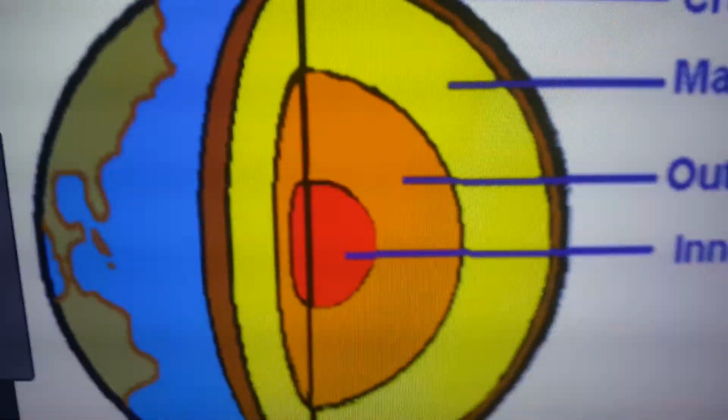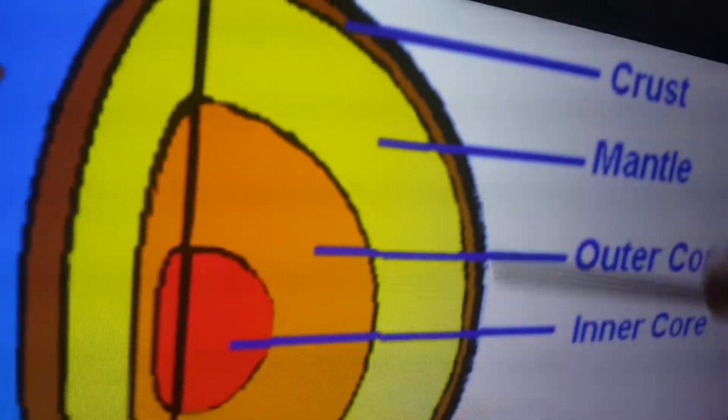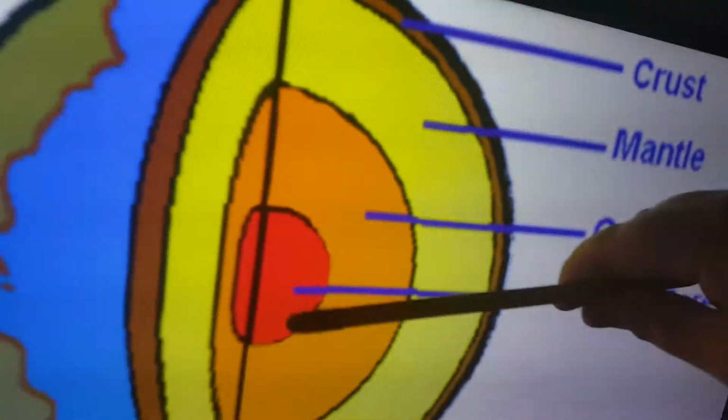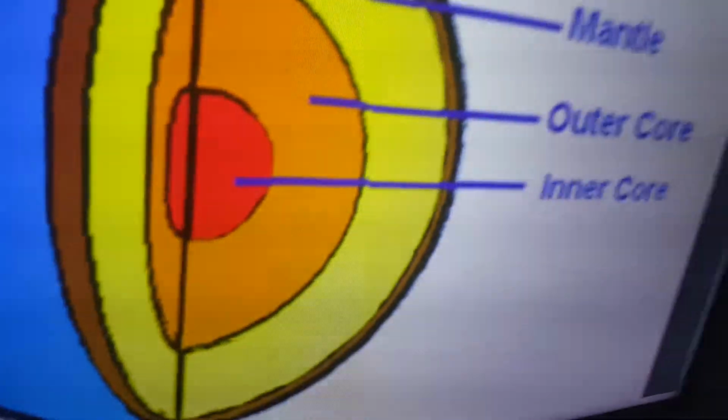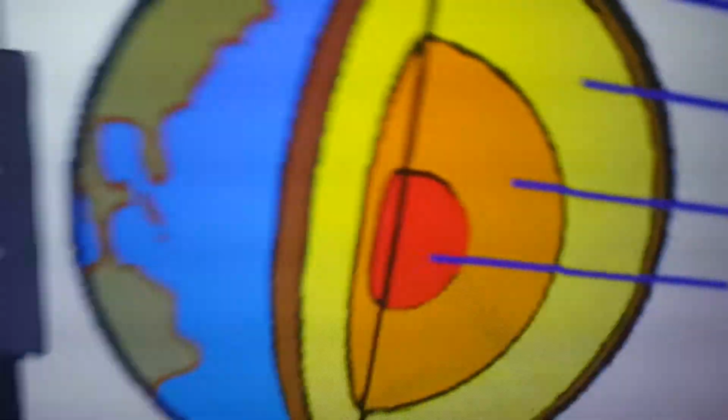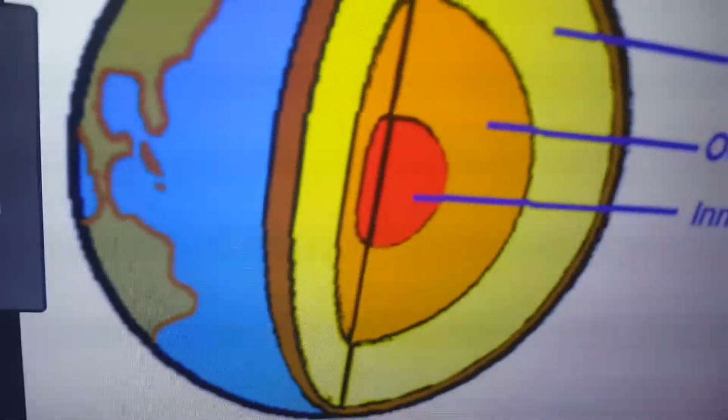If it wasn't strong enough, we would go through the ground and burn alive. So that's our Earth's crust. I'll talk a little bit about the bottom of the oceans.